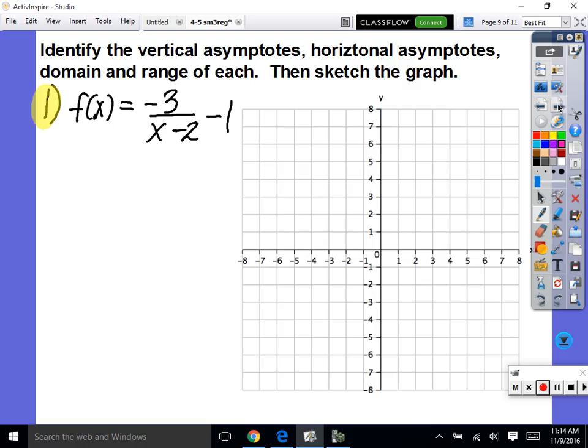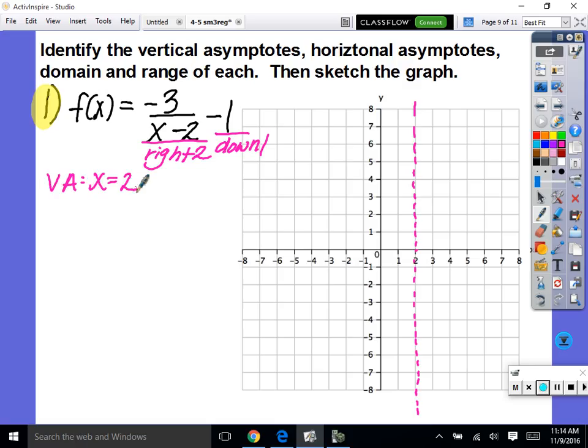Okay, so number 1, I'm going to figure out my new asymptotes by determining the shift. So we're going right 2, down 1. Our right 2 will be our new vertical asymptote. Put in your vertical asymptote: x equals 2.